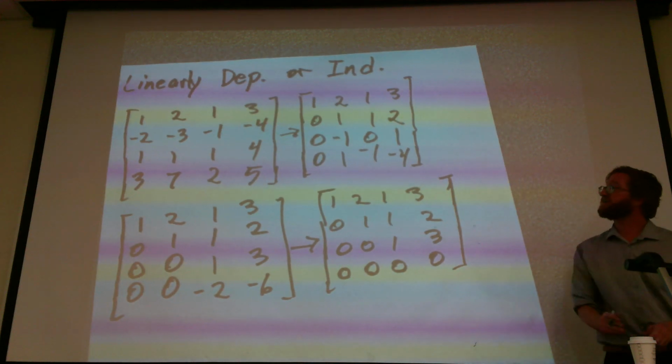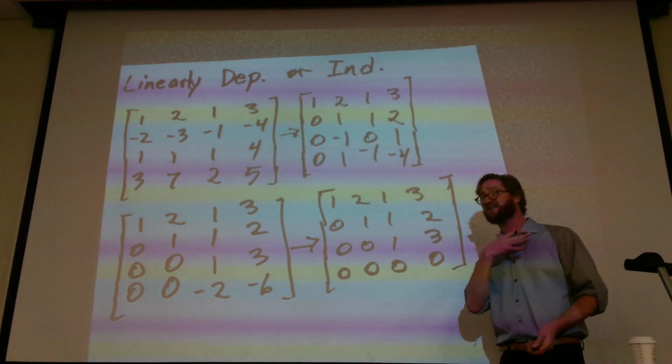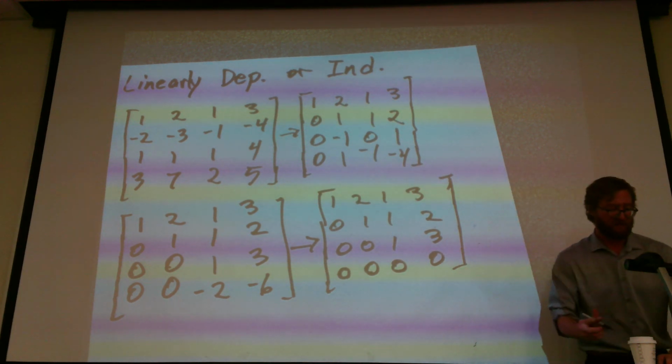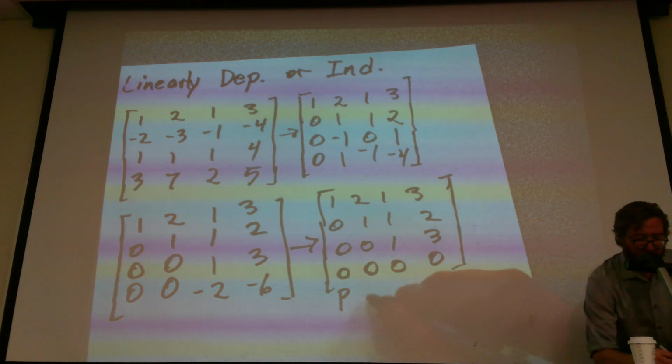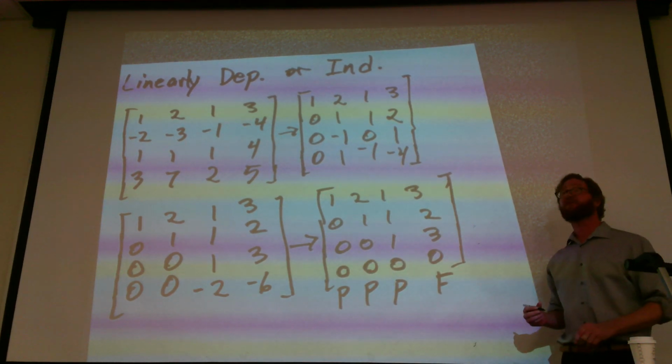So now, if I take that row, multiply by negative 2, and add it downwards, it's going to kill off the entire row. So let's say pivot, pivot, pivot, free variable.